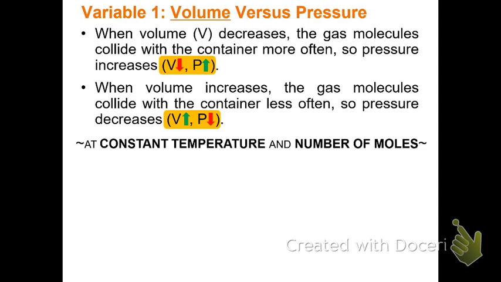Remember, in the beginning of this lesson, we defined pressure as the force applied per unit area and also the frequency of collision. So looking at volume here, if you were to increase the volume of the gas, how would pressure change?